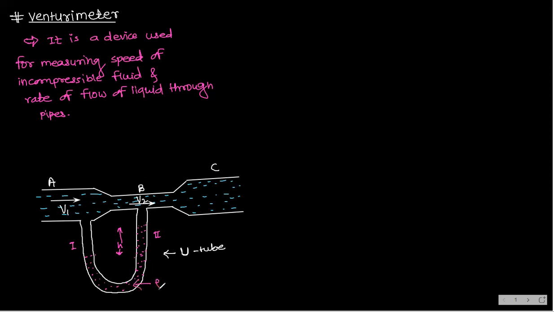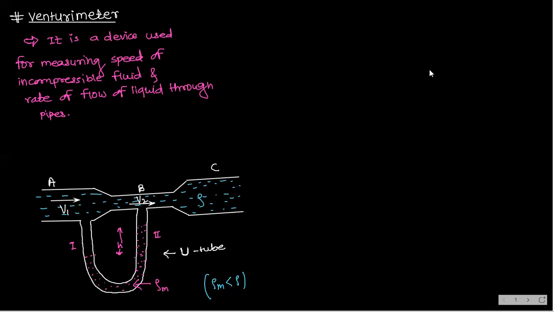Its density is, let us assume, rho m, and the above liquid is having density, let us suppose, rho. And always keep it in mind, this rho m is greater than the rho, the density of this liquid which is flowing through this. Okay, clear?